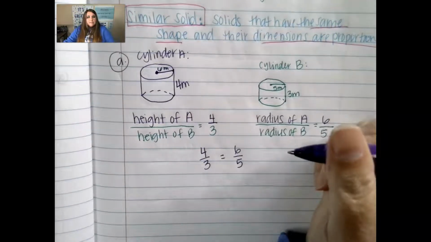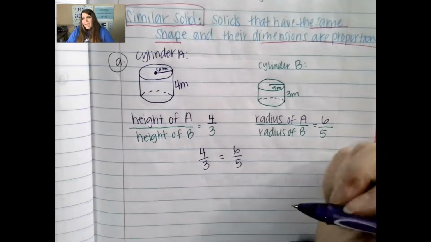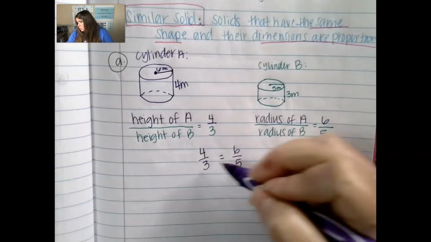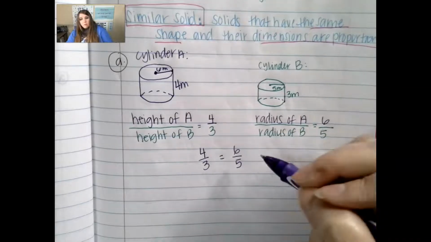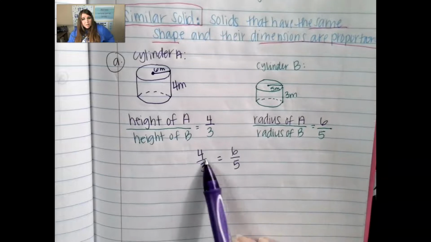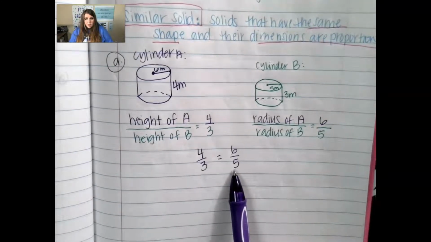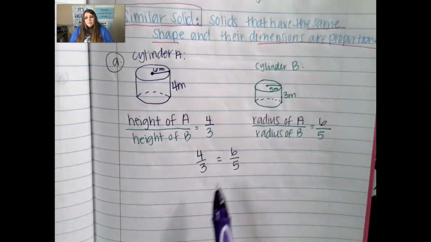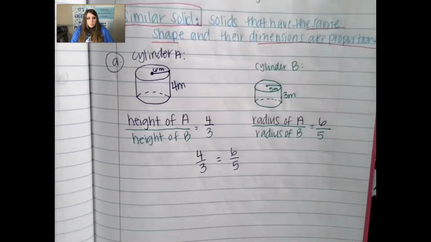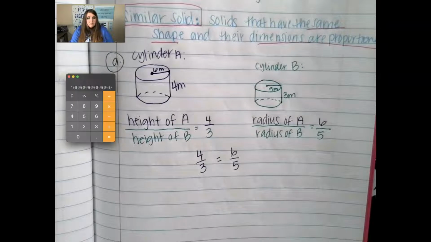Our job is to see, do they have a similar change between the two fractions? Do I multiply by the same thing on the top as I do on the bottom? So to get from 4 to 6, I can use my calculator and just divide backwards. 6 divided by 4 gives me a total of 1.5.